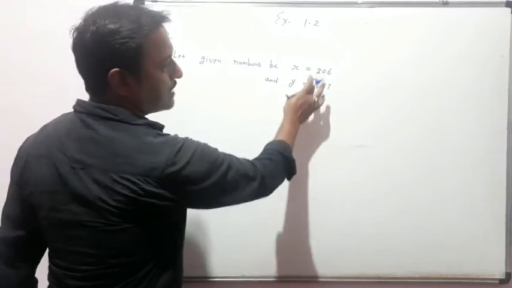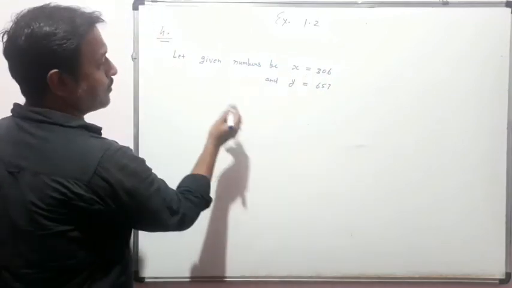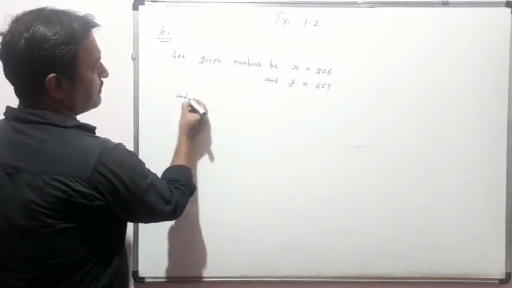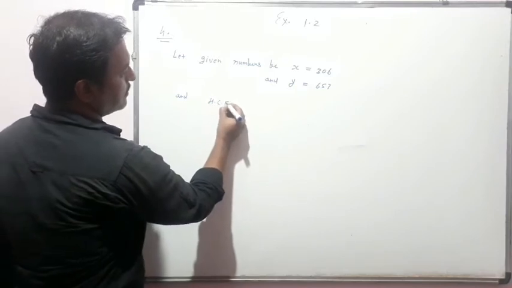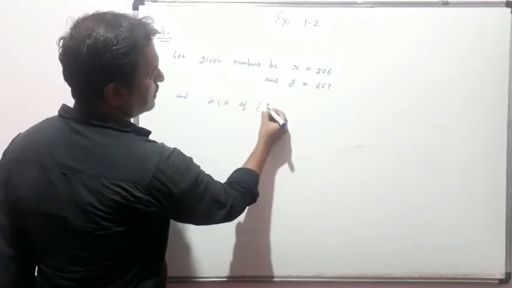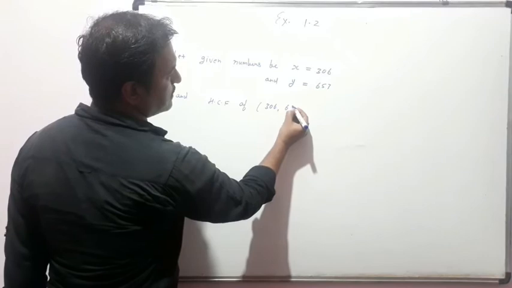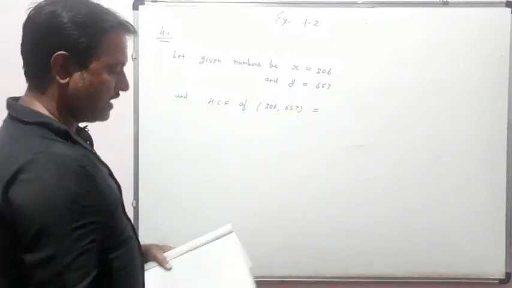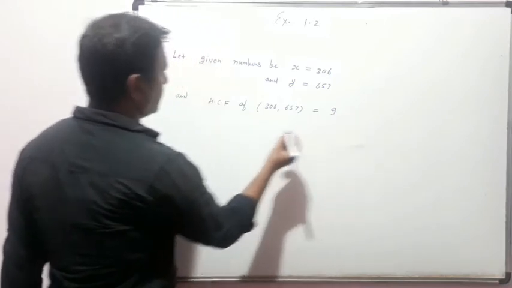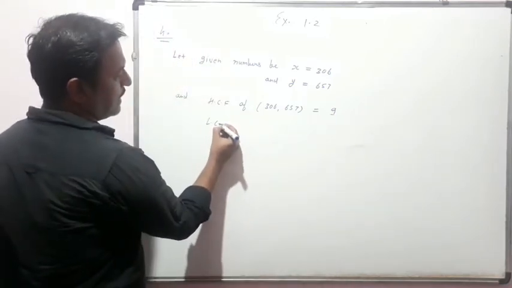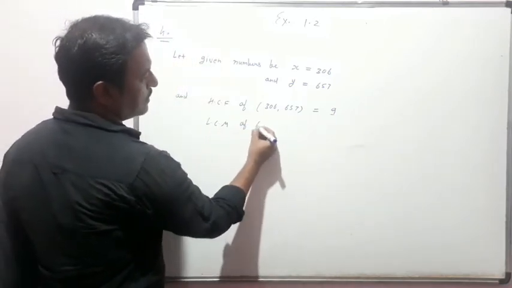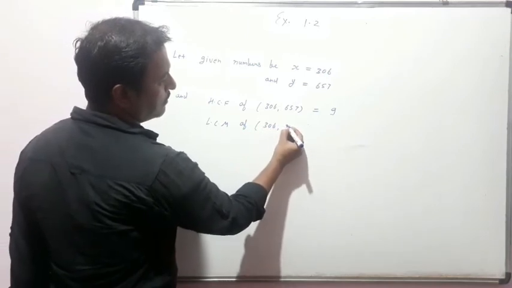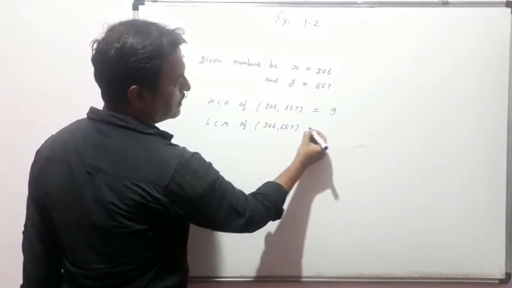These two numbers are given and their HCF is also given. What is given? HCF of 306 and 657 is how much? 9. We have to find the LCM of these two numbers. This is the question.